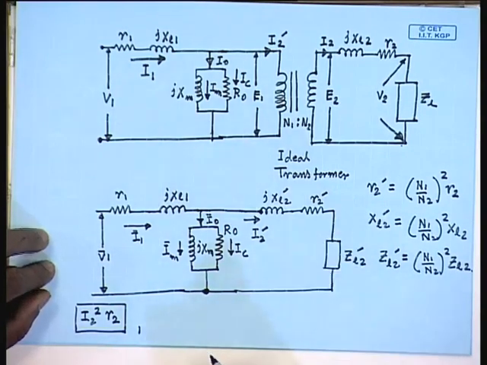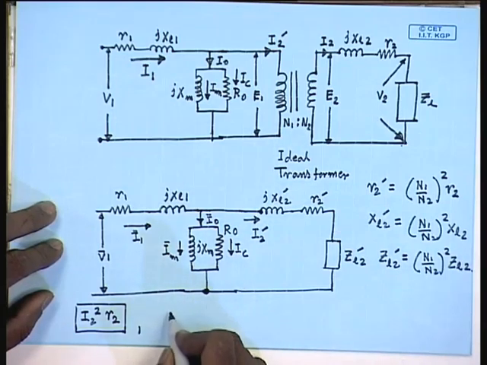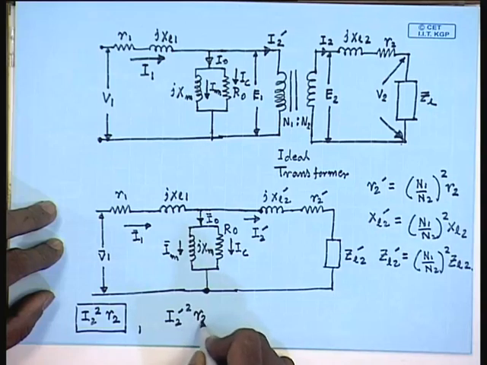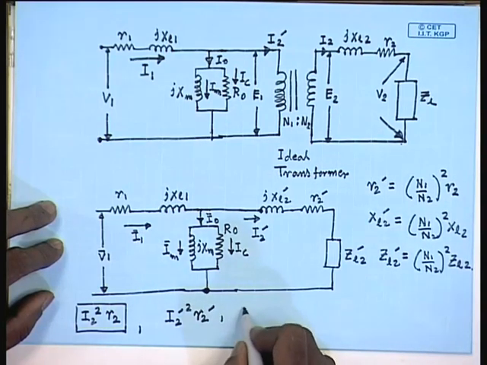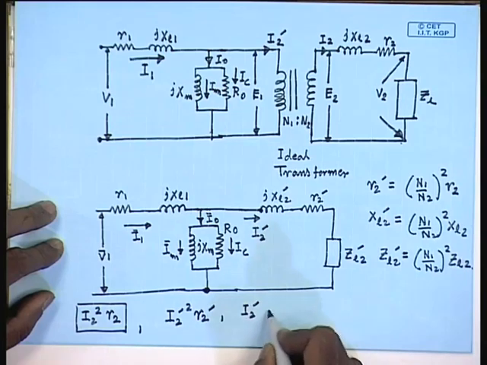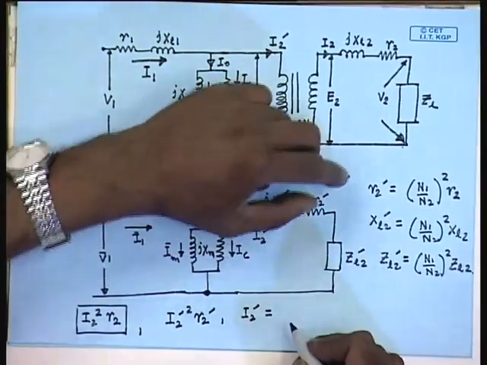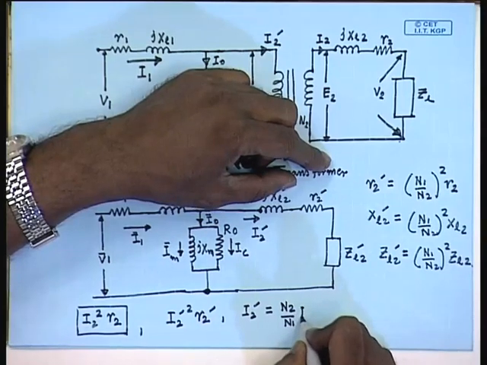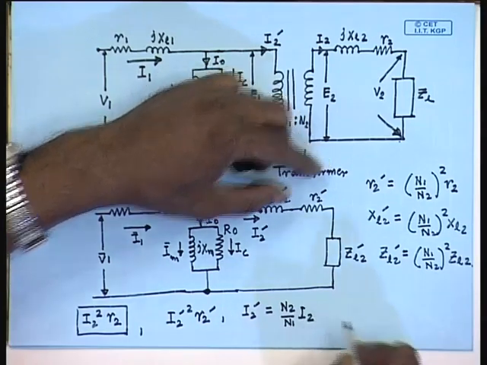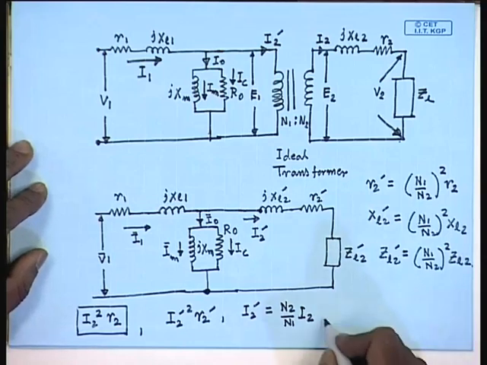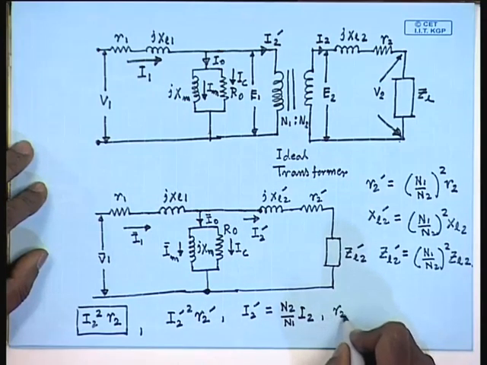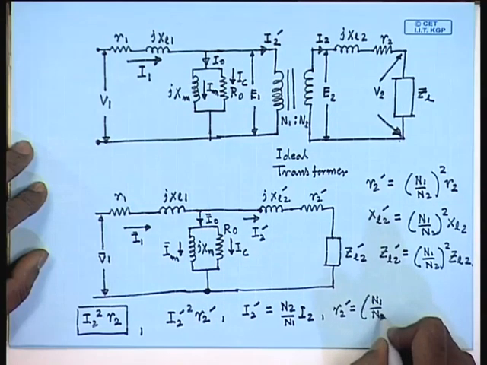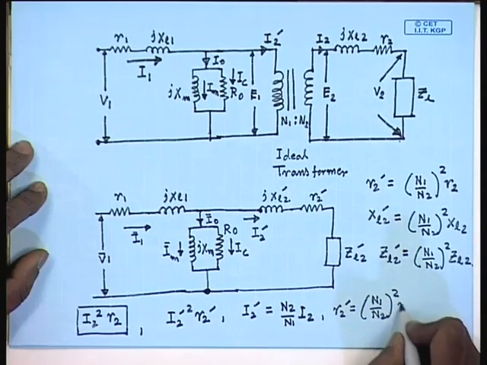In the equivalent circuit, the power loss is I2 dash square R2 dash, but I2 dash itself is equal to N2 by N1 I2, and R2 dash equal to N1 by N2 whole square R2.